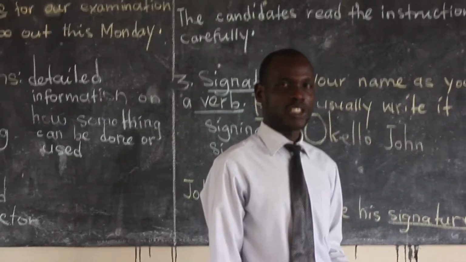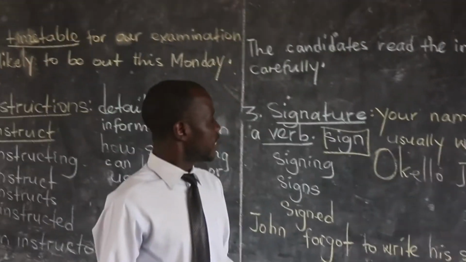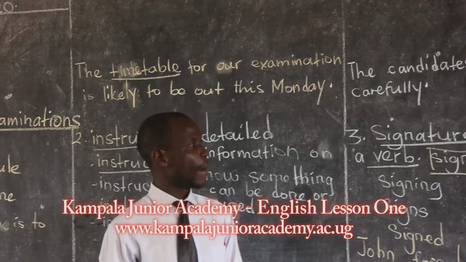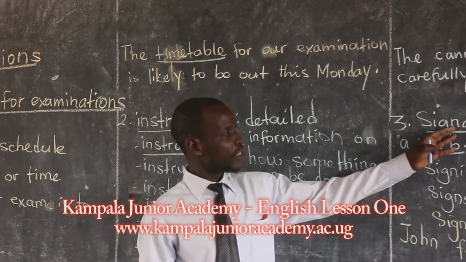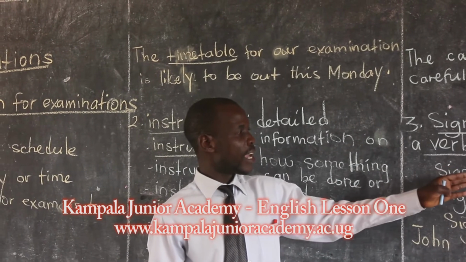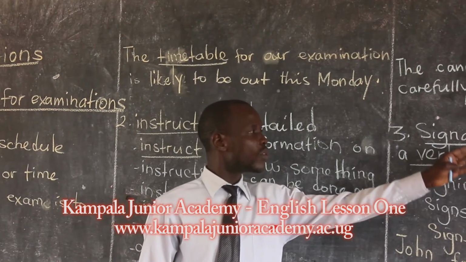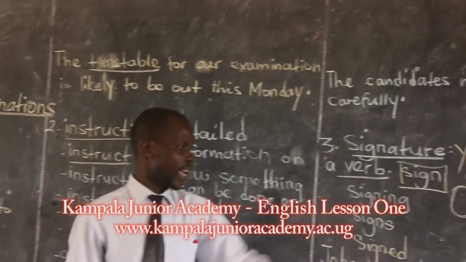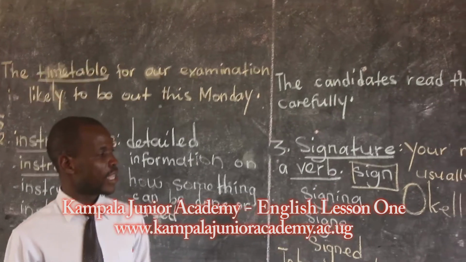There are many sentences you can have from this word, signature. So you have to know its meaning, then the other words, and probably the origin of that word. It's an abstract noun from the verb sign.